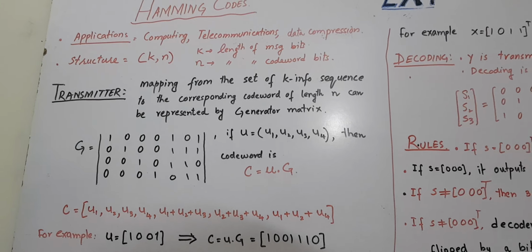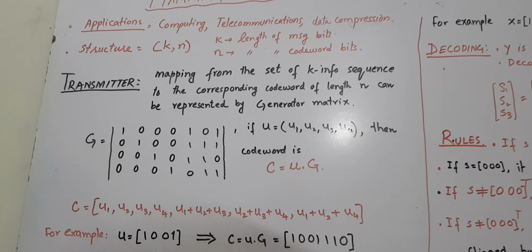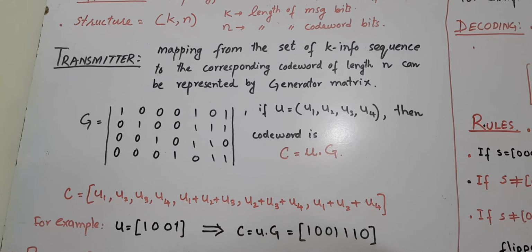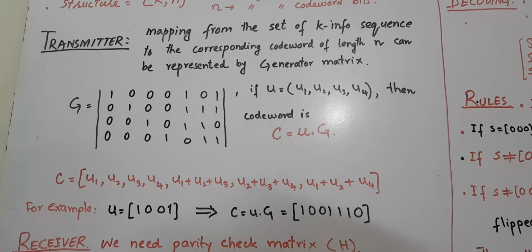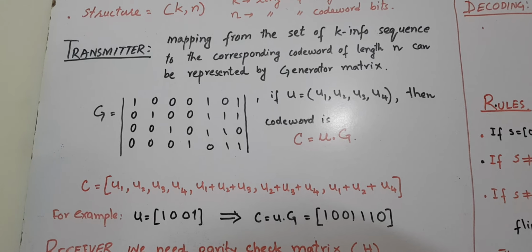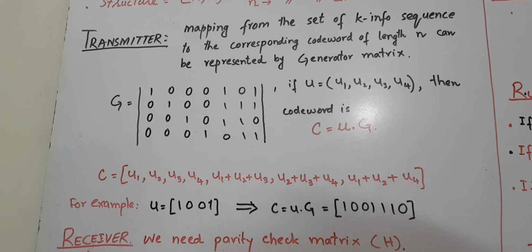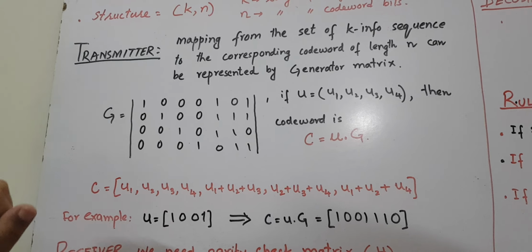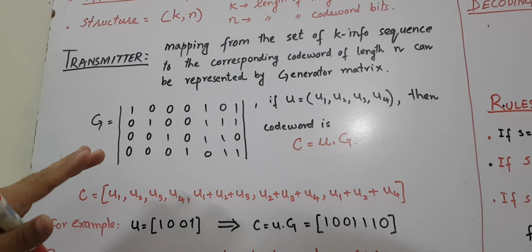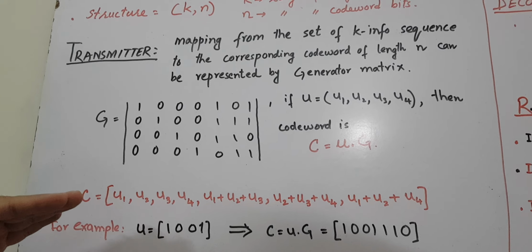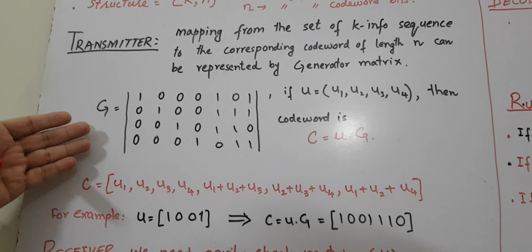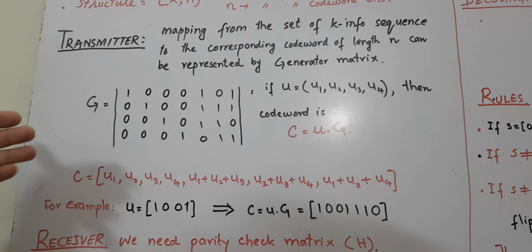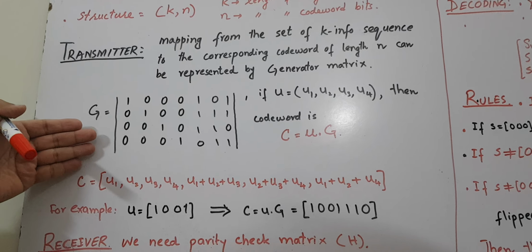You can even generate it using the progressive edge growth algorithm, or there are many other methods used in research to generate the generator matrix. But for this simple course, the generator matrix is given for you.